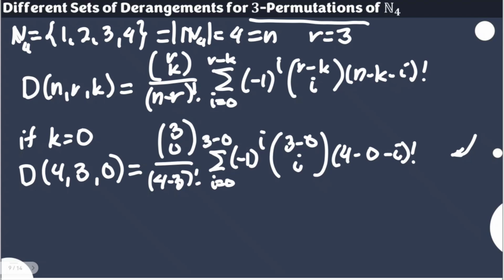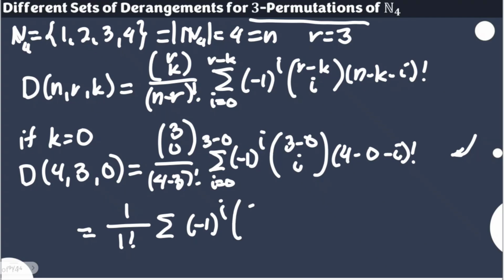That's one thing that you can actually check on. So we'll have here 3 combination 0, which gives 1 over 1 factorial. Then you have the summation of -1 to I, 3 combination I, 4 minus I factorial, as I starts from 0 to 3, since 3 minus 0 is 3.